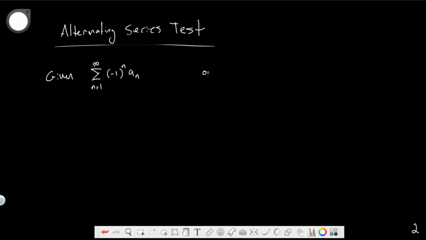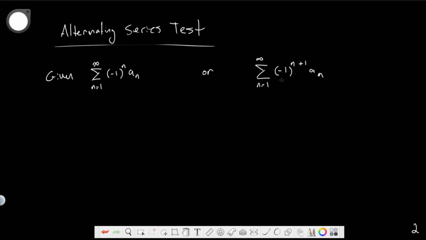It could look like that, or it could look like this. This is just, does the first term have a negative sign, or does the second term have a negative sign? That's all I'm saying between these two.